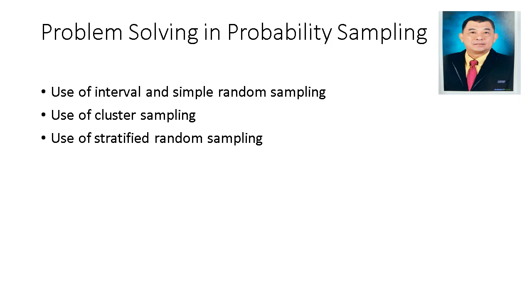Our learning outcomes for today: at the end of the tutorial video, students will be able to use the different probability sampling techniques, especially the interval and simple random sampling, the use of cluster sampling, and the use of stratified random sampling. And we are going to apply again Slovin's formula in order to get the sample size of our population.